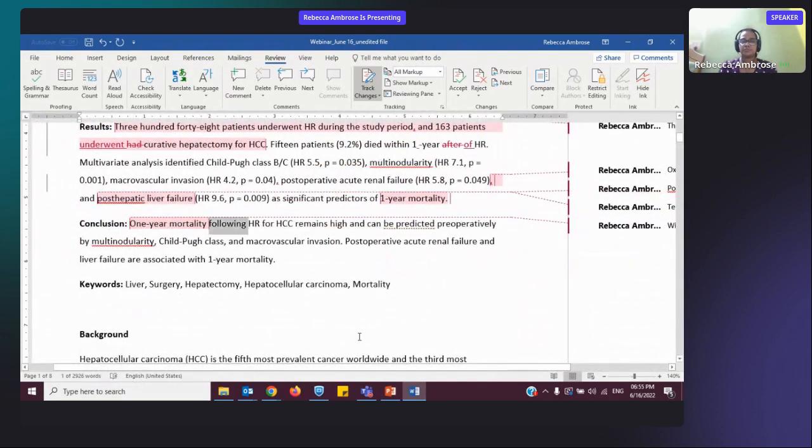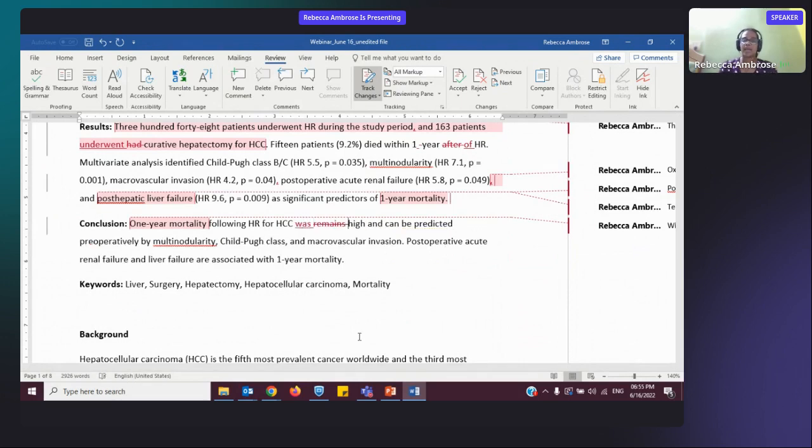Following HR for HC remains high and can be predicted by these things. So I'm going to change this to was high because this is not a published study. I mean, if we were editing this, this is not published yet. Technically, this is a published paper, but because it's not an established fact, you can't use the present tense here.